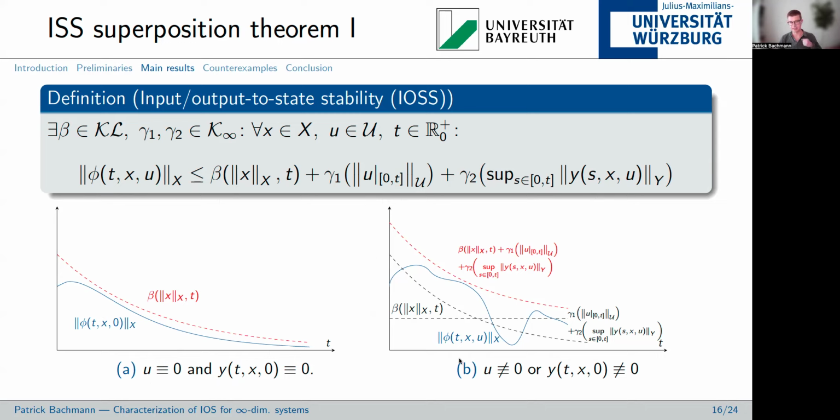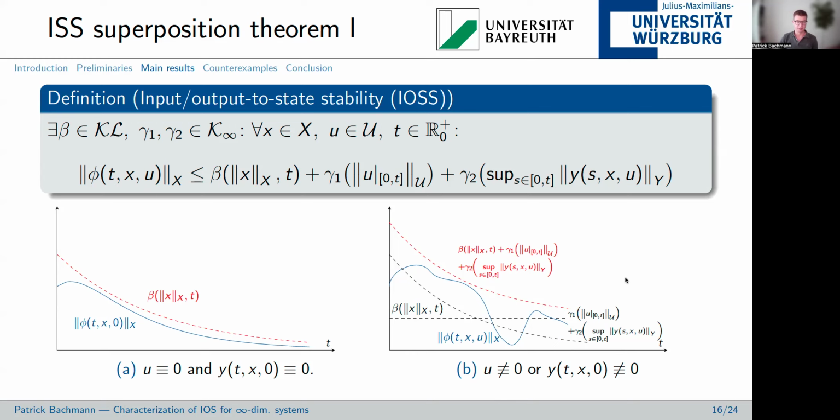But when we consider a non-zero input and a non-zero output, then it's not necessary anymore that we reach zero, but we will converge to a radius that is bounded by the past values of the input and the output.